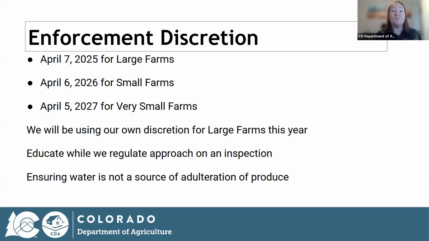Now, something that we want to emphasize here, because in about a week large farms lose their enforcement discretion on this: we are taking our own discretion on how we are enforcing it this year. We want to continue that educate while we regulate approach, especially with pre-harvest ag water. We want to make sure that the water isn't becoming an adulteration source to the produce. However, our inspectors haven't gone through any kind of FDA training.